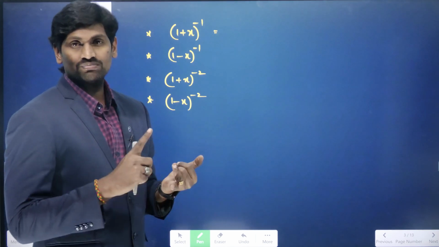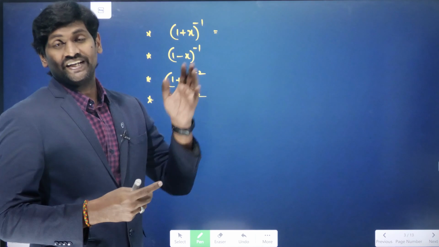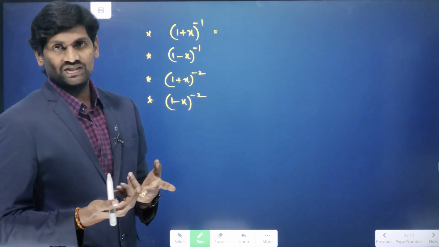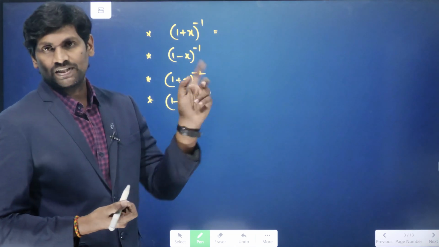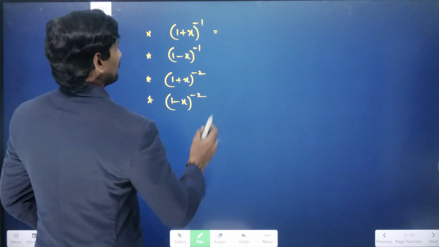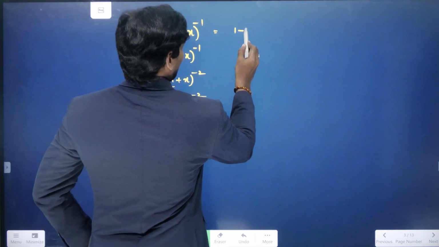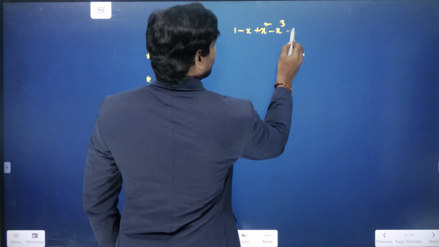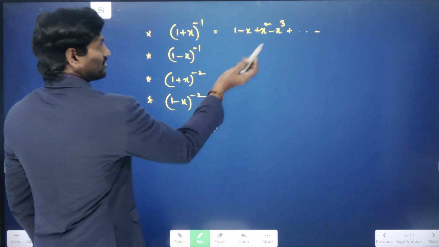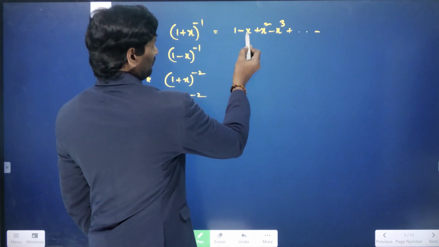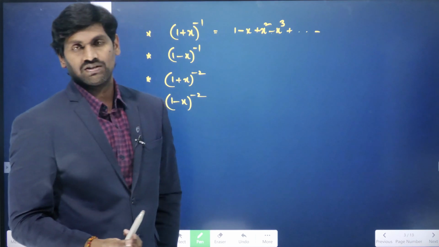That means first term, third term, fifth term will be positive and the remaining alternate ones negative. So plus, minus, plus, minus like that will come. That means 1 minus x plus x square minus x cube plus and so on.